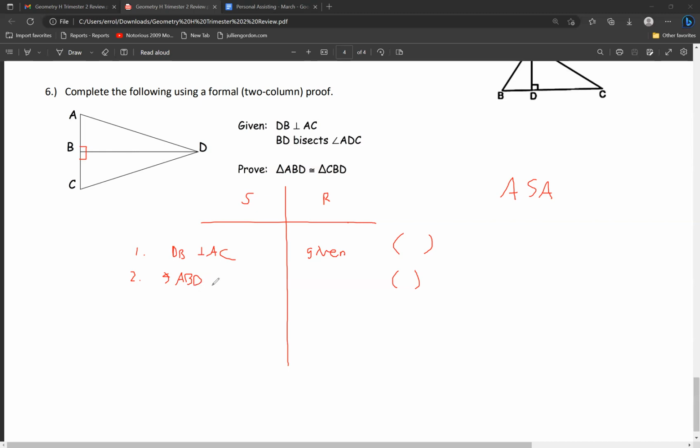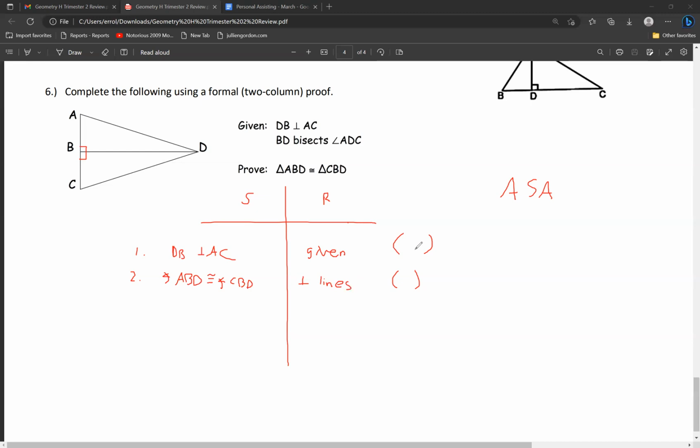Oh, right angles, sorry. So angle ABD is congruent to angle CBD, right? Yeah. And what was the reason again? Perpendicular lines form right angles. Yeah, perpendicular lines.